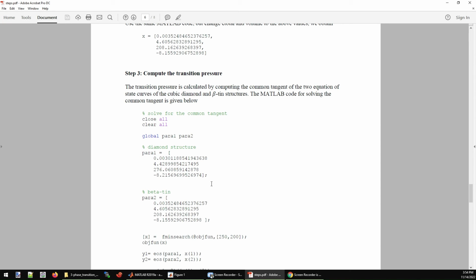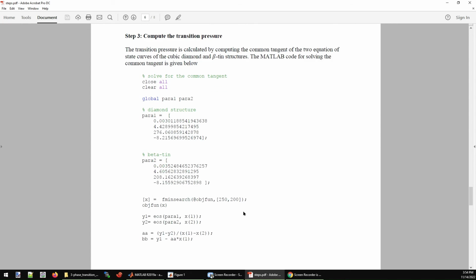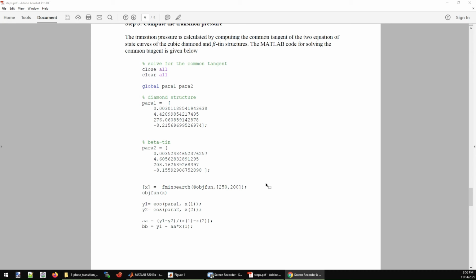And we also copy and paste the parameters we obtained for the beta-tin here to here. So we are using the fminsearch function to minimize this objective function, to try to find the common tangent between the 2 parabolas.